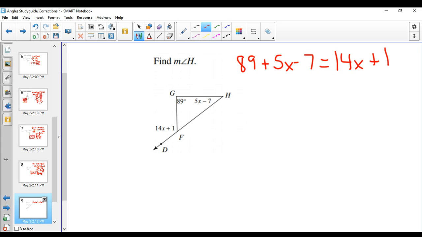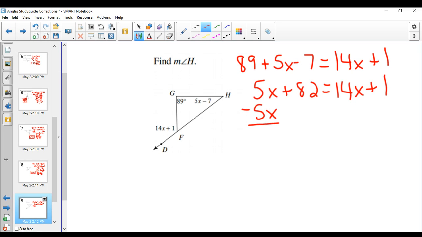Okay, first thing I'm going to do is subtract 89 minus 7, which gives us 82. So I have 5x plus 82 equals 14x plus 1. Okay, next, we're going to subtract 5x from both sides. That gives us 9x plus 1 over here.